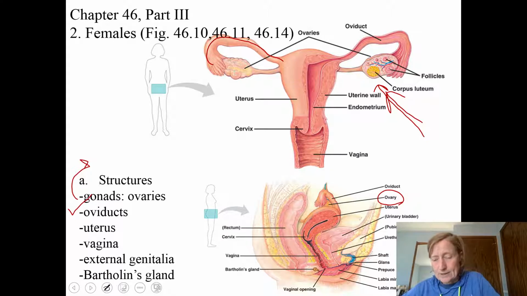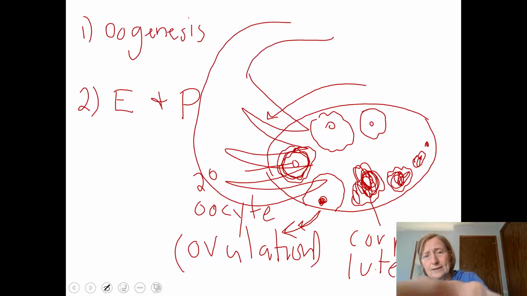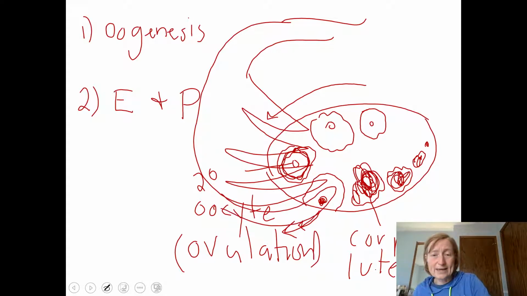And what it really does is it's not attached directly to the ovary. There are finger-like projections that extend out and around the ovary. And those finger-like projections, called fimbriae, will pick up the secondary oocyte as it's ovulated, and then will trap that secondary oocyte so that it is now inside the oviduct.